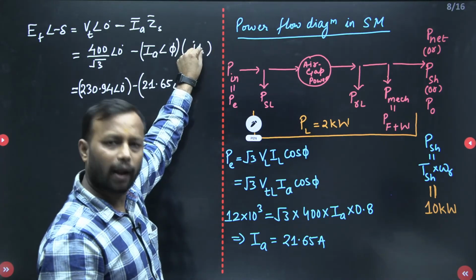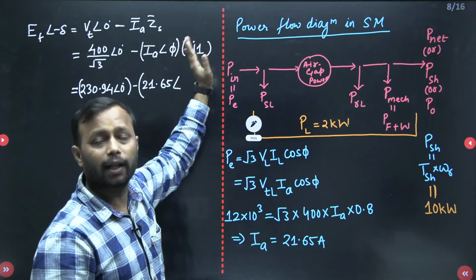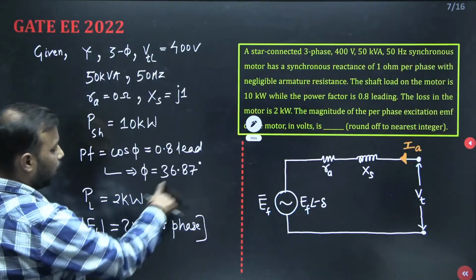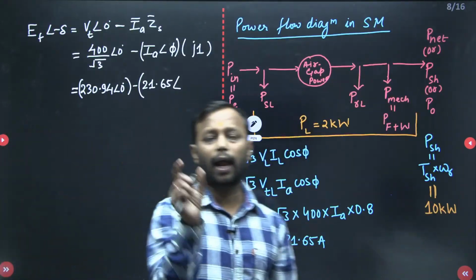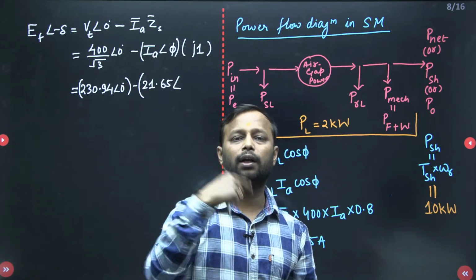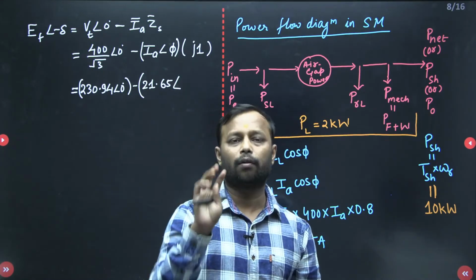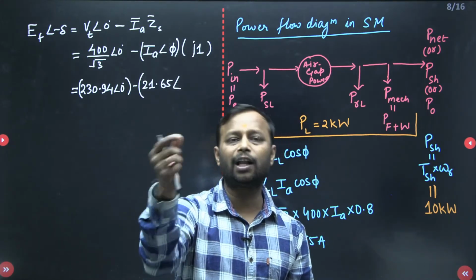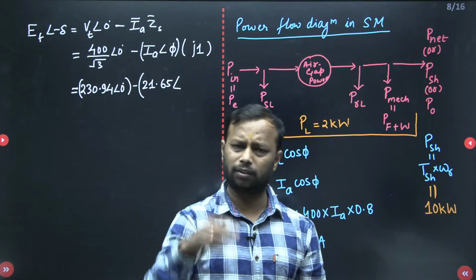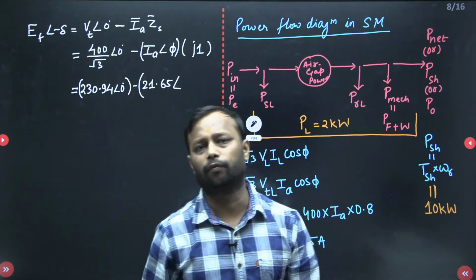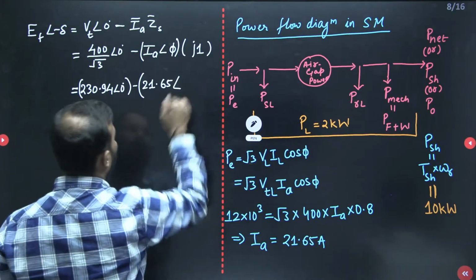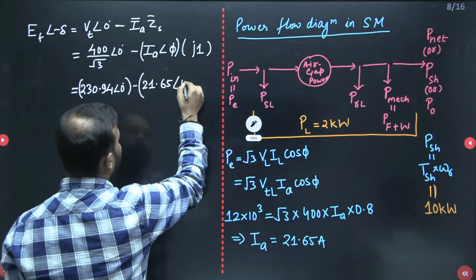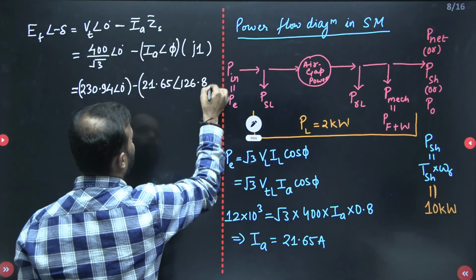J1 is 1 at an angle 90 in polar. And phi is 36.87. Whenever the angles are in multiplication, they are going to be added. This is the basics of complex variables. So what is the total angle? 90 plus 36.87, which is 126.87 degree.